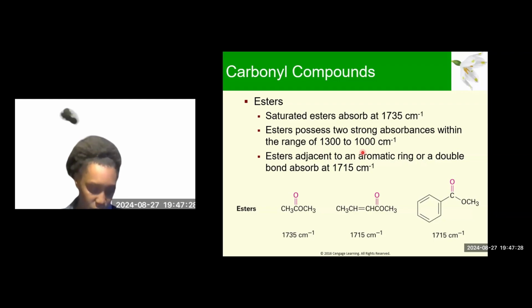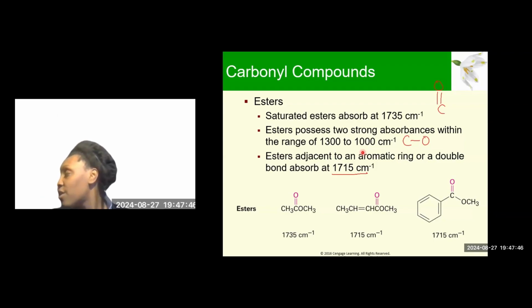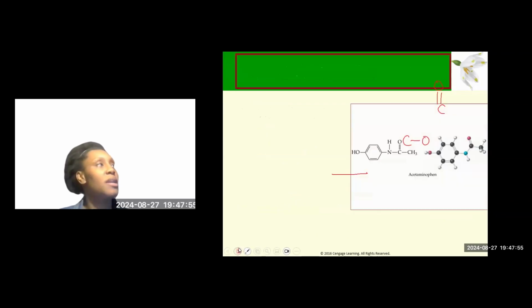That has to do, let me get my thing, because this right here has to do with the carbon oxygen. So this is the carbon double bond oxygen peak, and then the carbon oxygen peak is there. Now, when a carbon is next to an aromatic ring, it does absorb at a smaller distance. Or a smaller frequency, I should say.